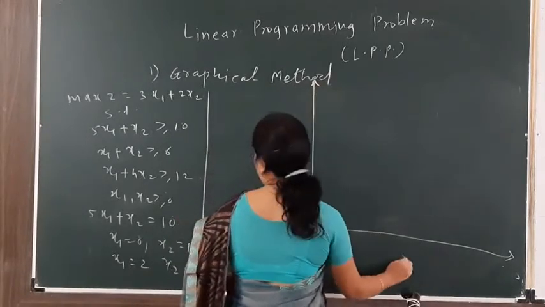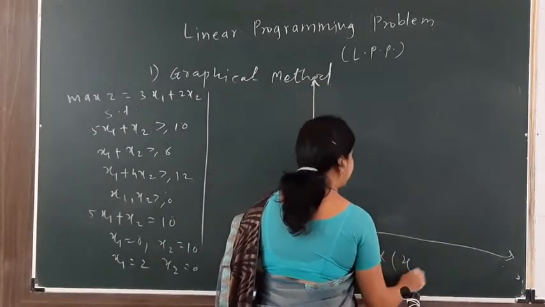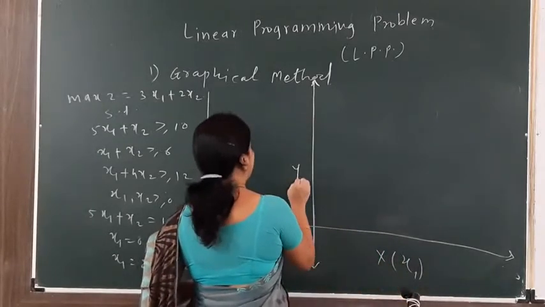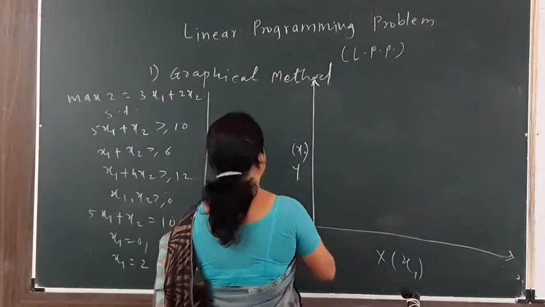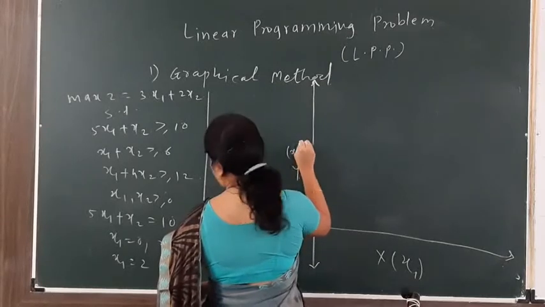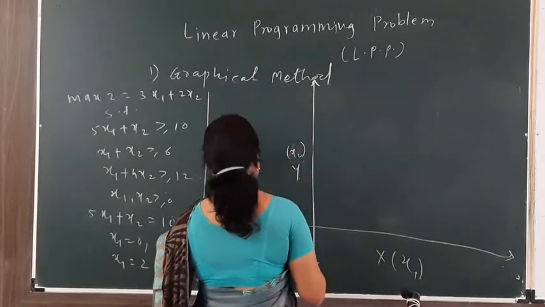Over here, for the x-axis I can plot the values of x1, and for the y-axis I can plot the values of x2. So since x1 is 0, x2 is 10.